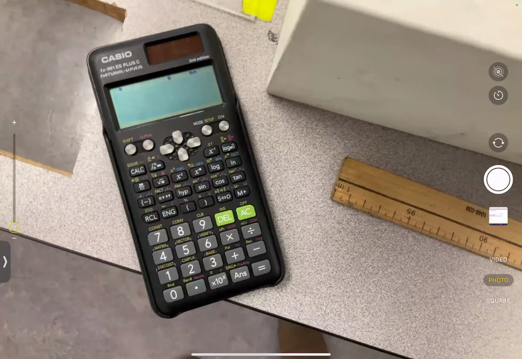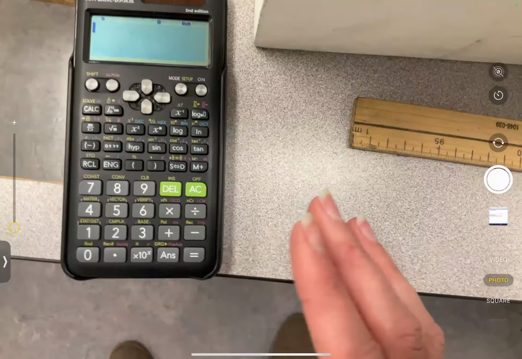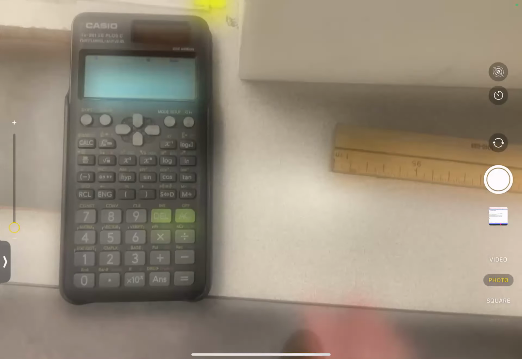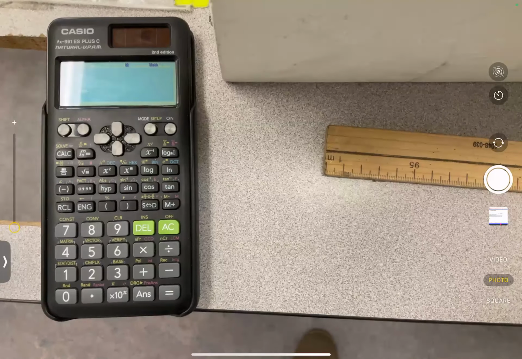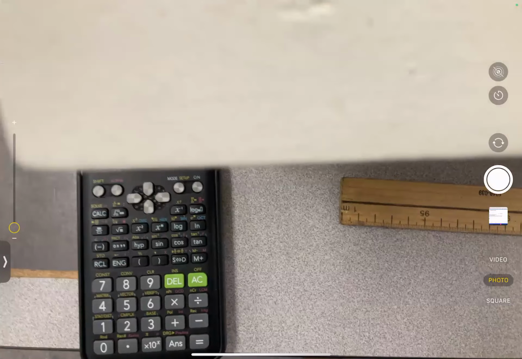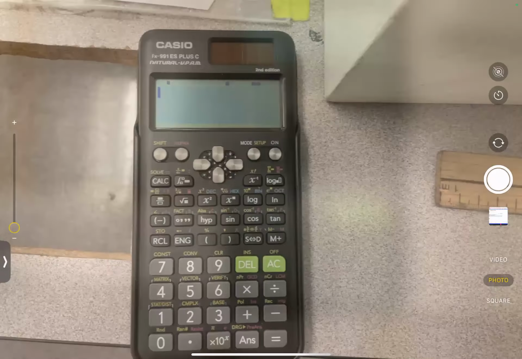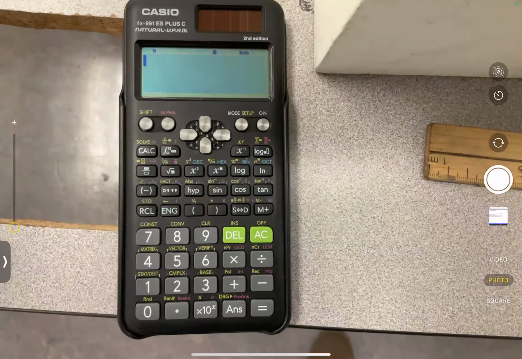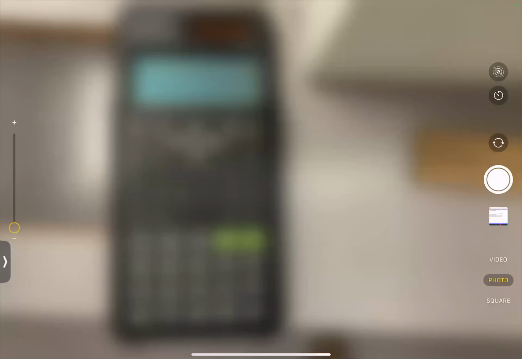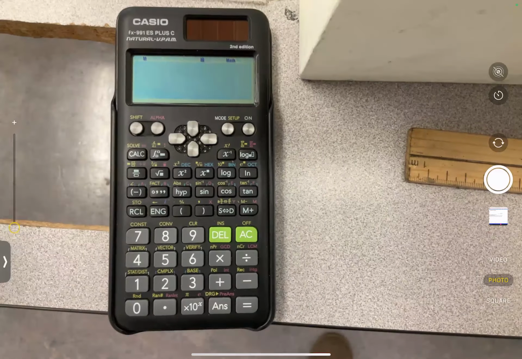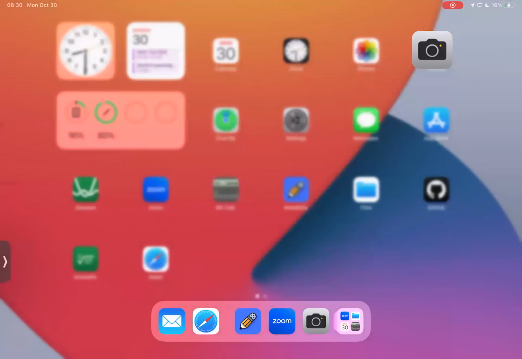Oh, it doesn't like it because I'm projecting, I guess. Okay, let's see here. I just need a picture of it. Come on. Did it take it? What is it? It's not showing up. Okay, let's do this.